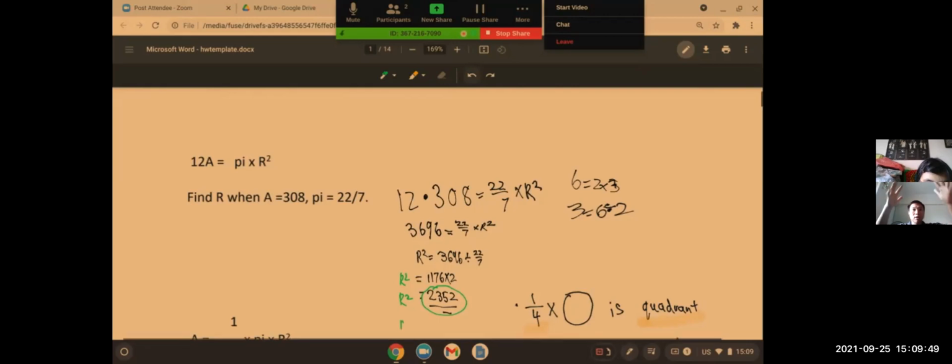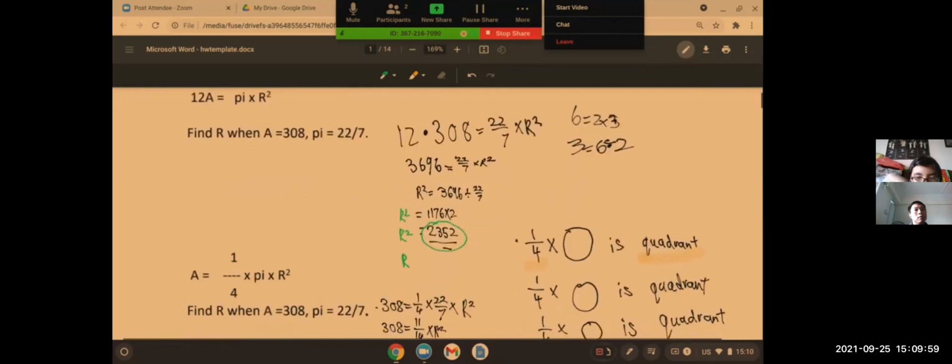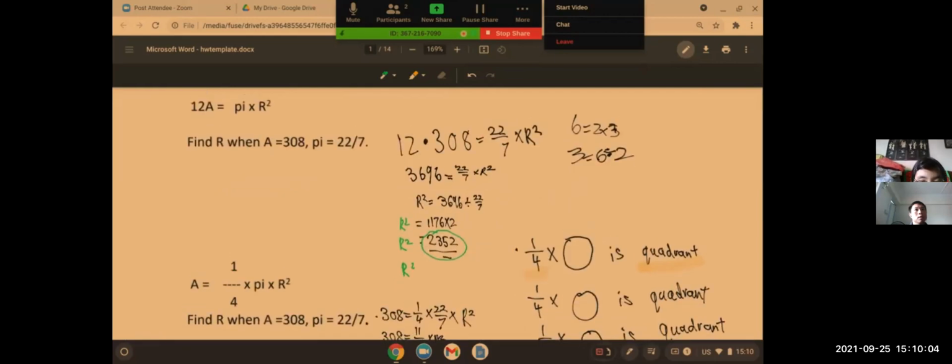Your flow chart should go vertically, not sometimes left, sometimes right, sometimes up, sometimes down. So R squared you can replace by R times R. So R times R is equal to, what's the value?